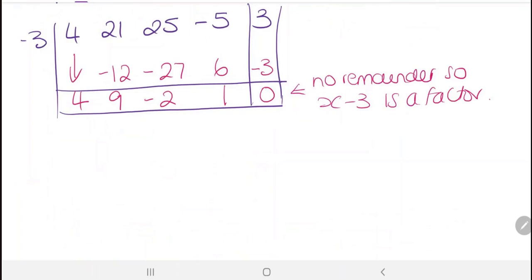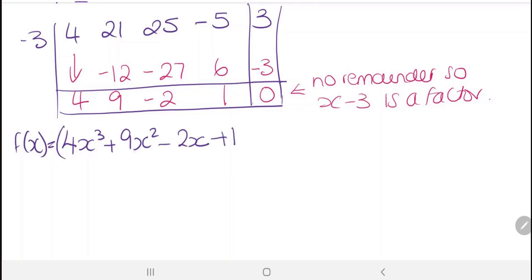So now we need to check and multiply it out. So we're going to bring down these values. This is going to be 4x cubed, so we're going to write it in f of x form: 4x cubed plus 9x squared minus 2x plus 1, multiplied by x plus 3.